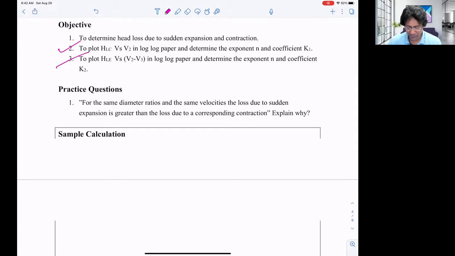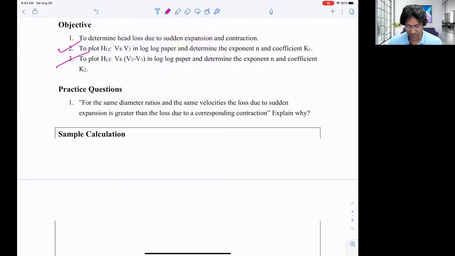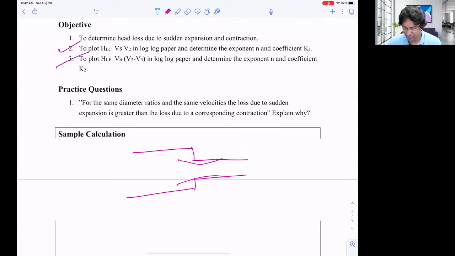And we have one practical question: for the same diameter ratio and the same velocities, the loss due to sudden expansion is greater than the loss due to corresponding contraction. So why is that? We mentioned that one, right? If we have sudden contraction, there will be only a vena contracta.